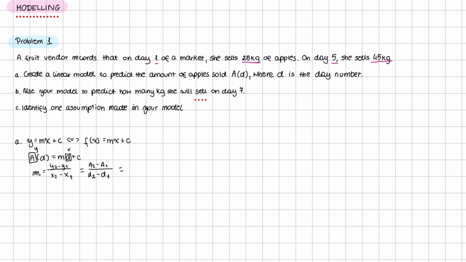We can substitute our values: 45 minus 25, our second amount of apples minus our first, over day 5 minus 1, and it equals 5.